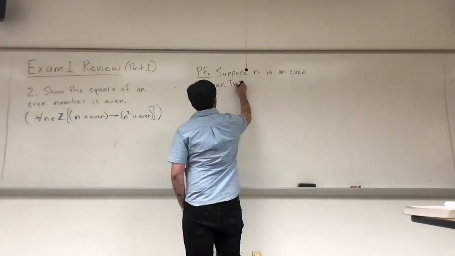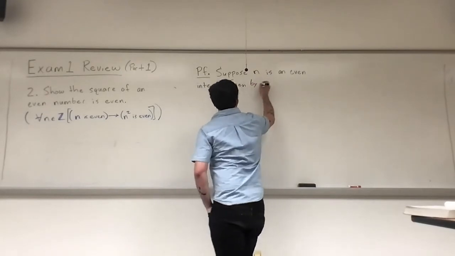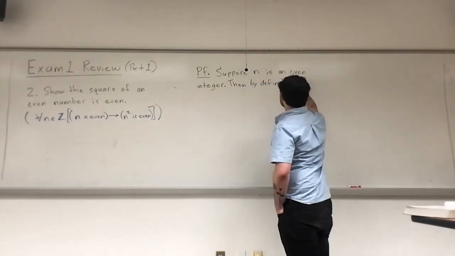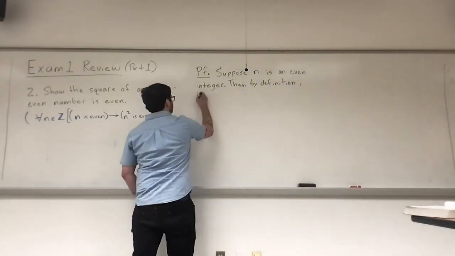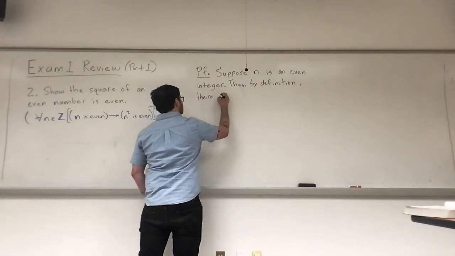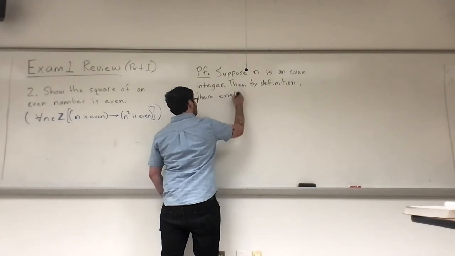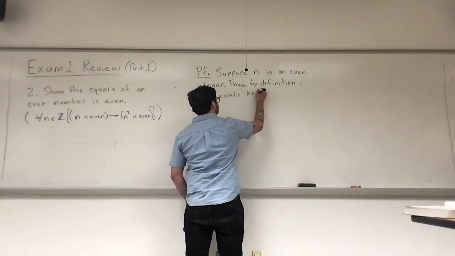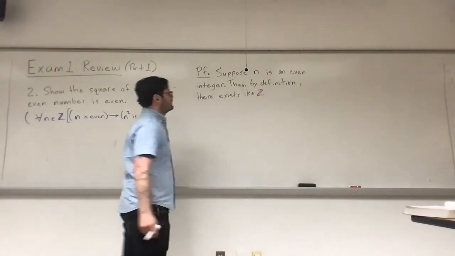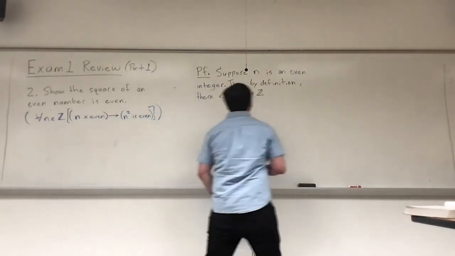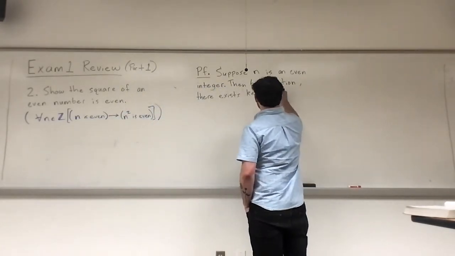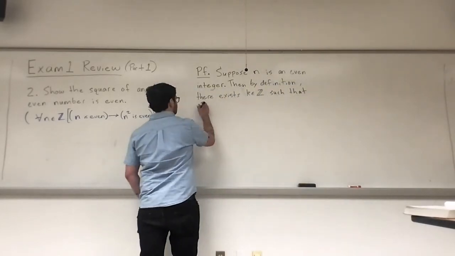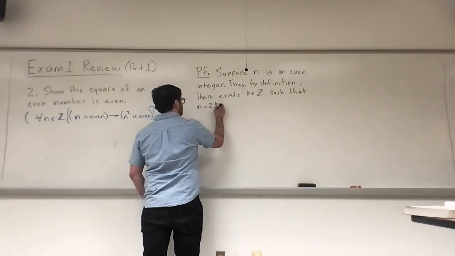So then by definition, there exists some integer k such that n is equal to 2 times k.